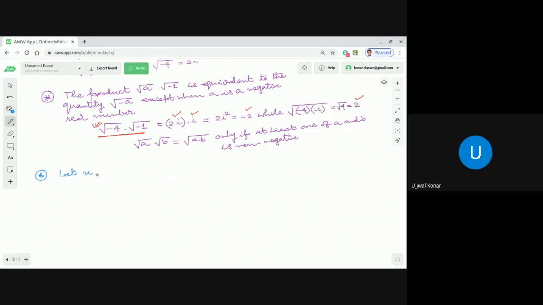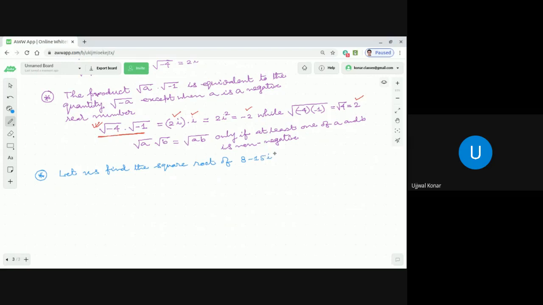You can also open your notebook and do it with me. Let us find the square root of 8 minus 59.